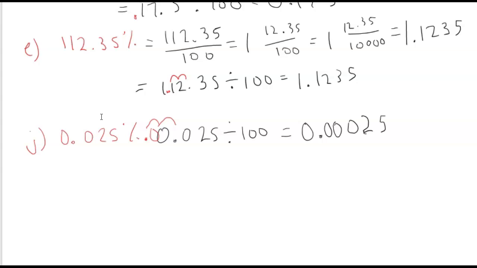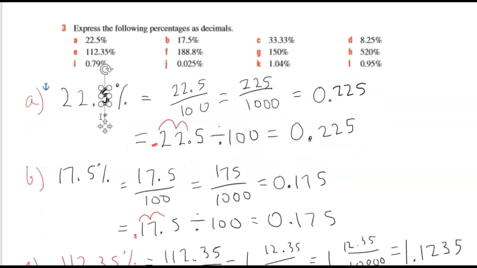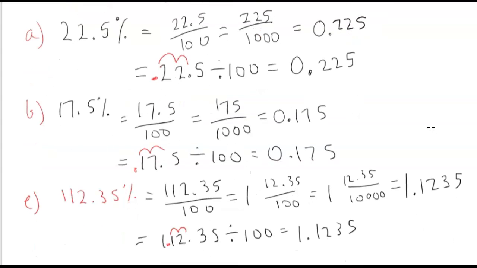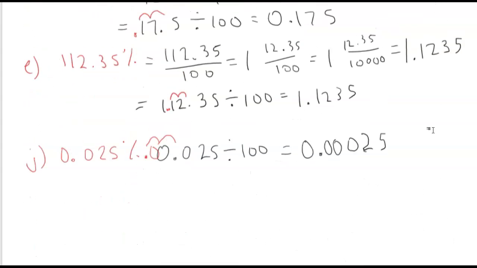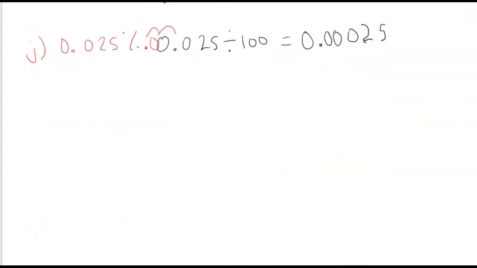Okay, let's scroll back up. Let's have a look at the other two. All right, maybe we'll just do 1.04%. And what question was that? All right, so 1.04, we're dividing it by 100.